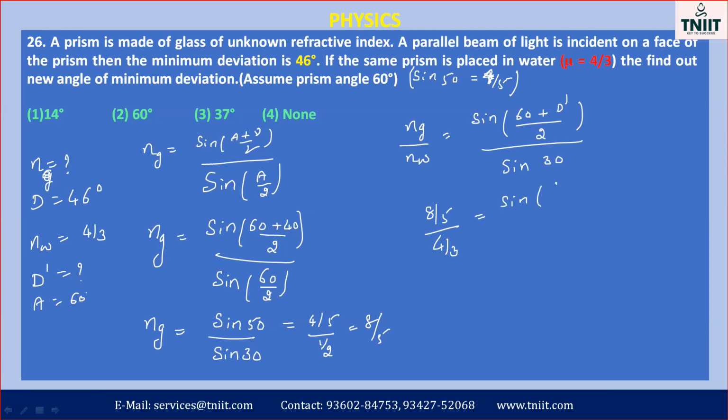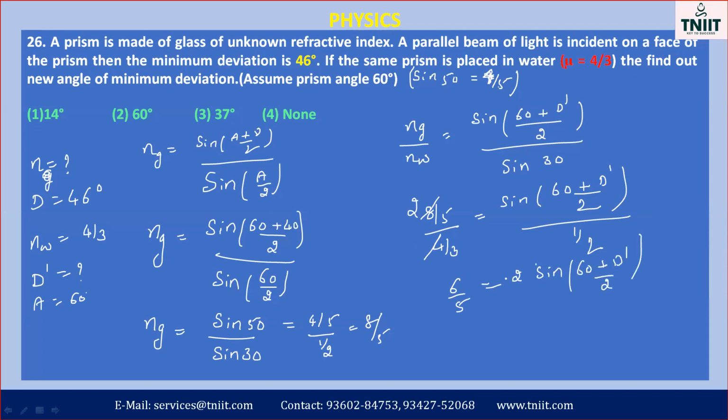So 8 by 5 divided by 4 by 3 equals sine of (60 plus D dash)/2 divided by sine 30, and sine 30 is 1 by 2. 4 ones are 4, 4 twos are 8. 3 goes up, 6 by 5 equals this, 2 goes up, into sine of (60 plus D dash)/2. Here 2 ones are 2, 2 threes are 6. So 3 by 5.